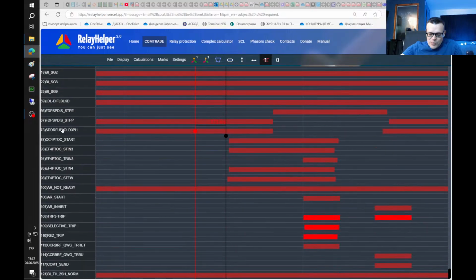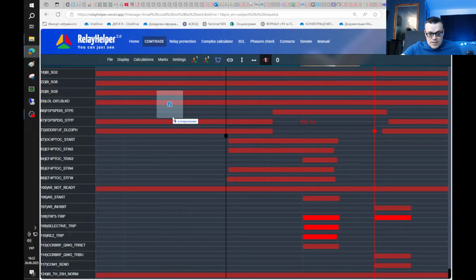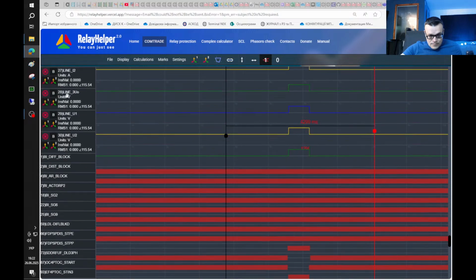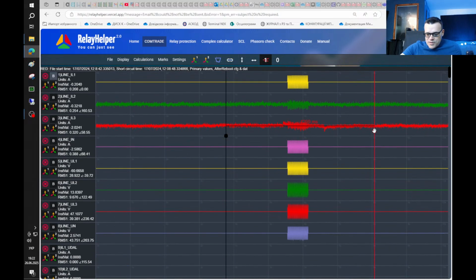In that case the relay generated a trip bus signal with breaker failure protection, and then it was rebooted and tested again, and the picture was correct.